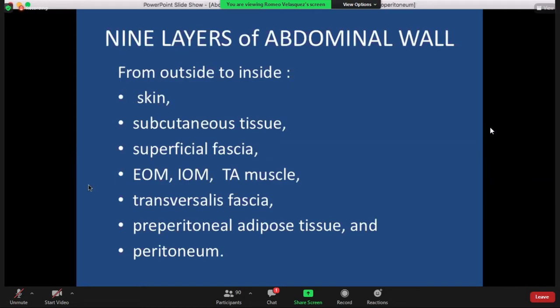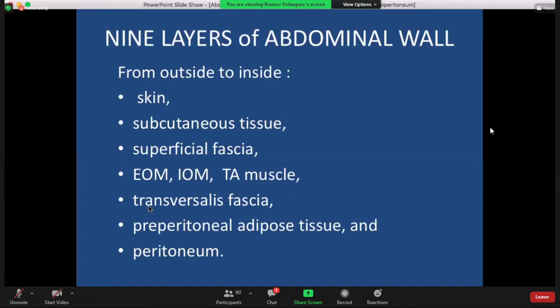Skin, subcutaneous tissue, superficial fascia, then external oblique muscle, followed by internal oblique and transversus abdominis muscle. So that's the muscle group. You will do the incision hitting these muscles. Otherwise, if it's more medial, then it's just the rectus abdominis.